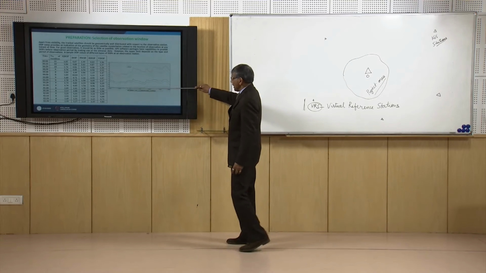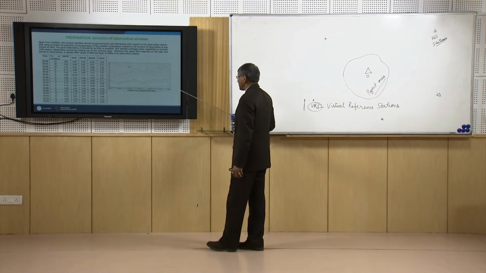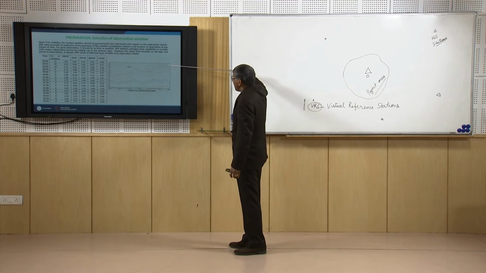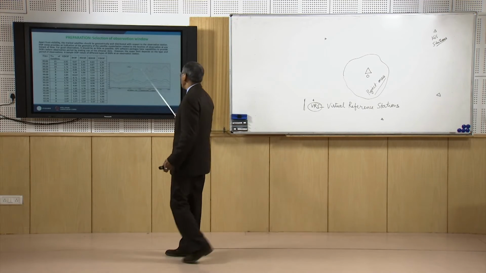And if we want to take our observation from 12 hours to 18 hours, our DOP value will be within 2.8. We know that 2.8 is also a good number, so we can very well take our observation.